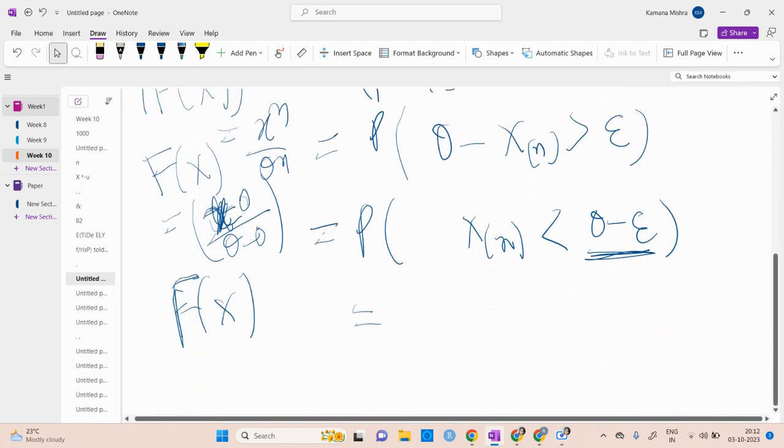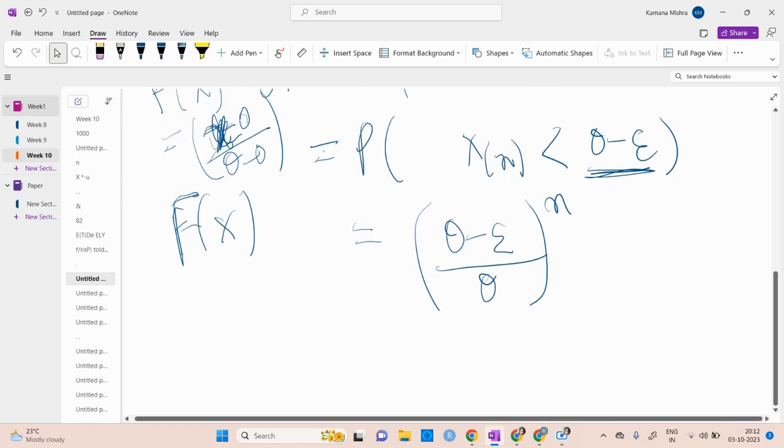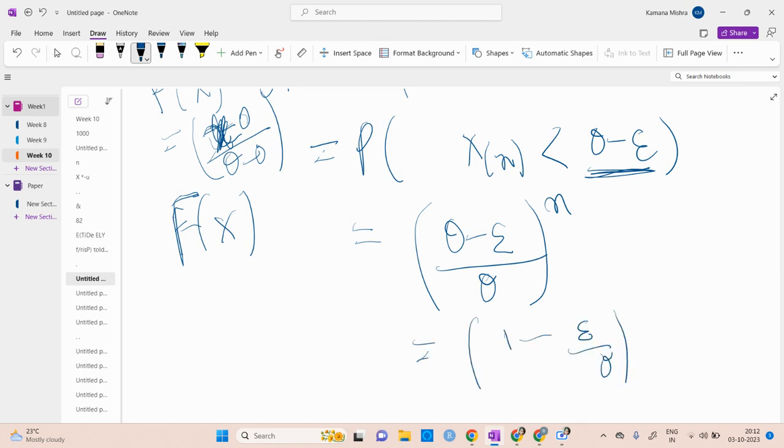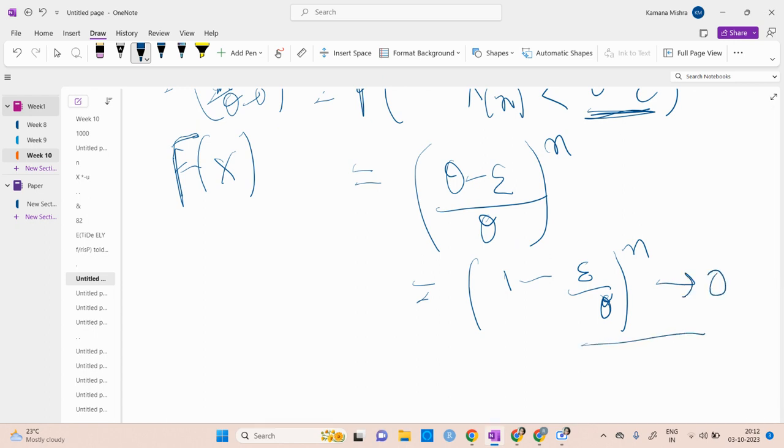This will be x upon theta to the power n. So this time x is theta minus epsilon, so theta minus epsilon divided by theta to the power n. Now as n tends to infinity, it is nothing but 1 minus epsilon upon theta to the power n, and this value goes to 0, right?